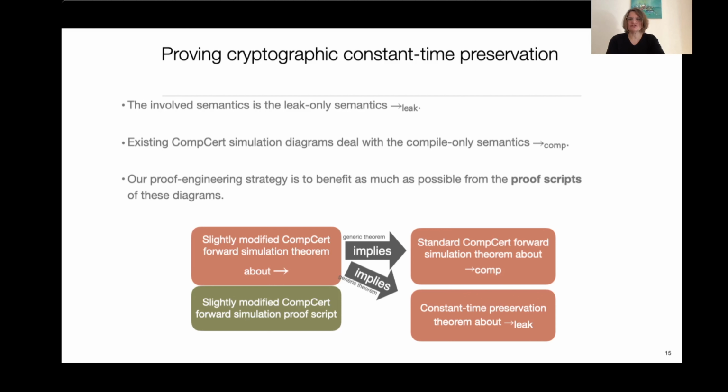So we also have a generic theorem that says this diagram is strong enough to enforce constant time preservation. And once again, we prove it only once for all. So in other words, we conduct our proofs only once in the extended semantics, even if we need two theorems, one for correctness and the other for security preservation.